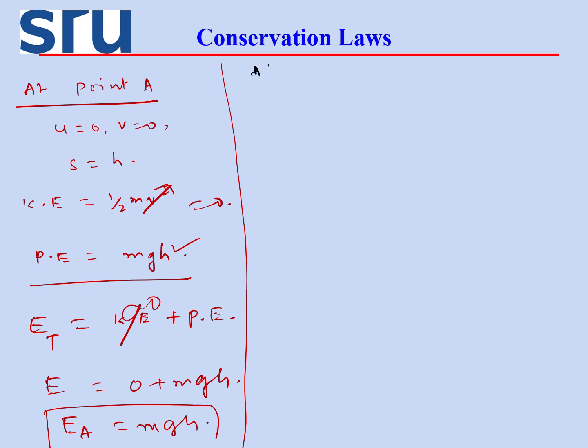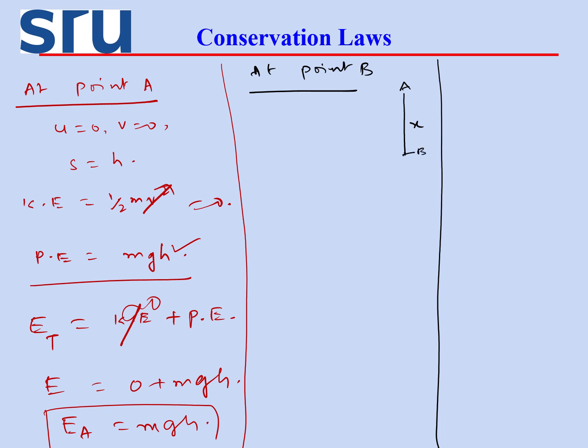Now at point B, it traveled a distance x from A, and this is B, this is the reference point. So the total distance is h. Now this is x, this is h minus x.